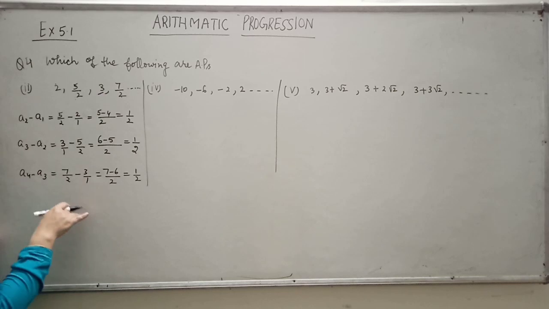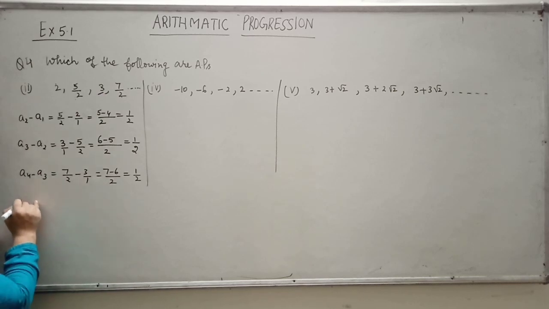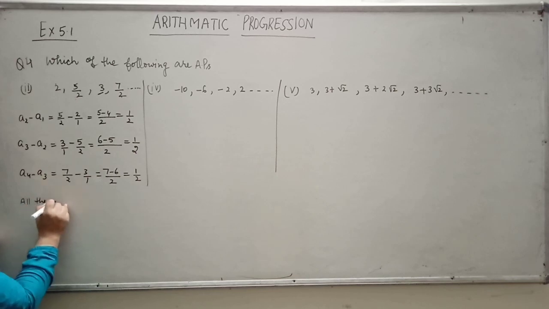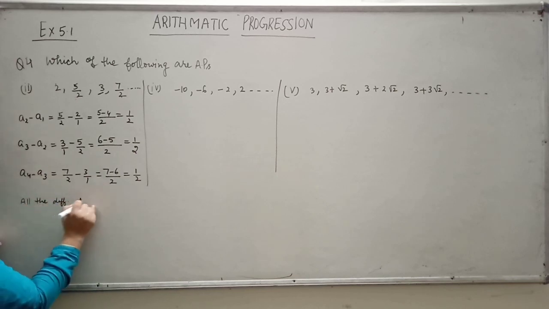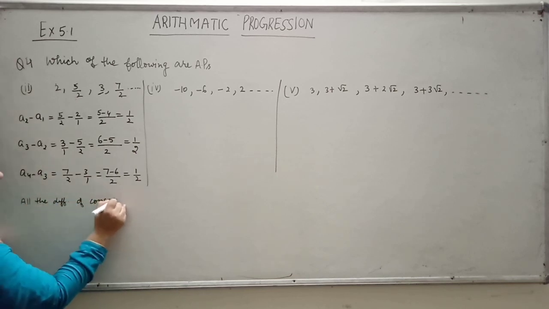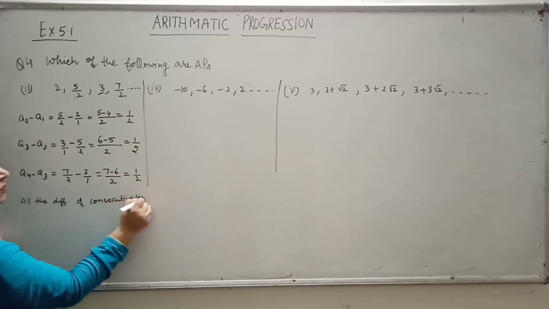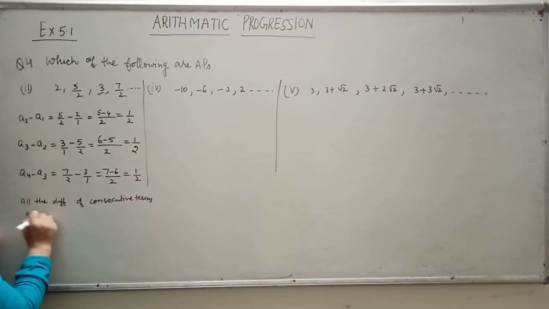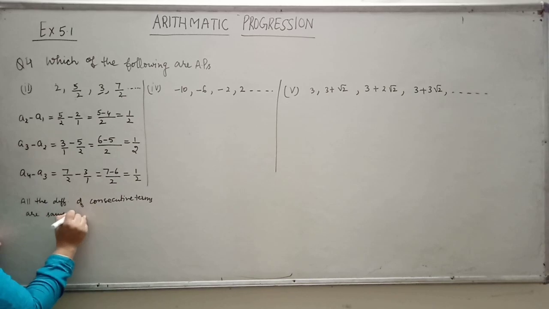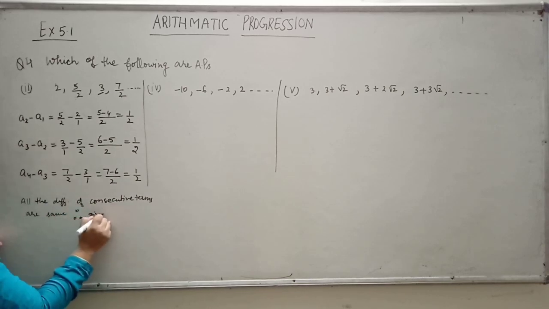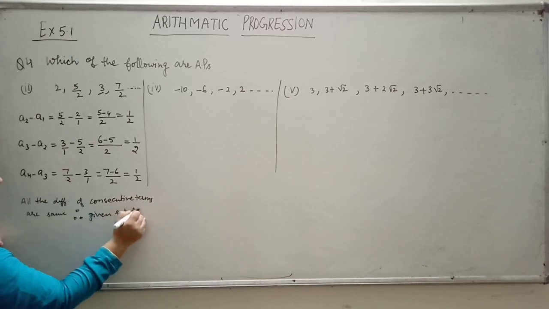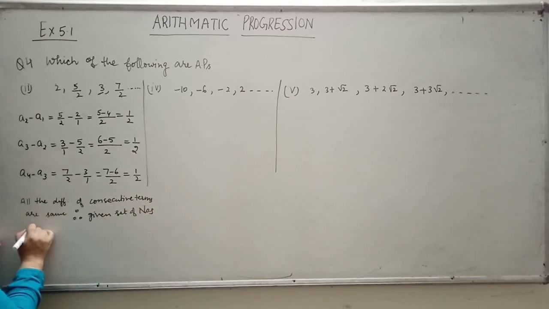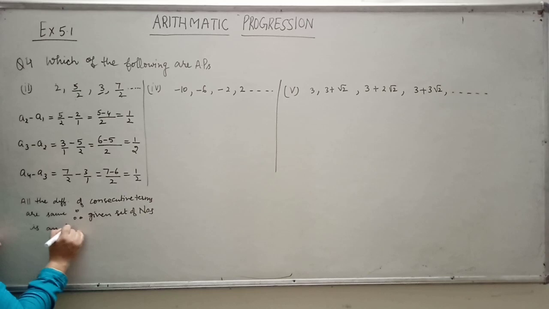So we can see all the differences of consecutive terms are the same. Therefore, the given set of numbers is an AP.